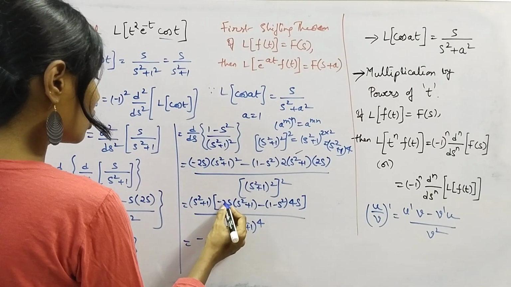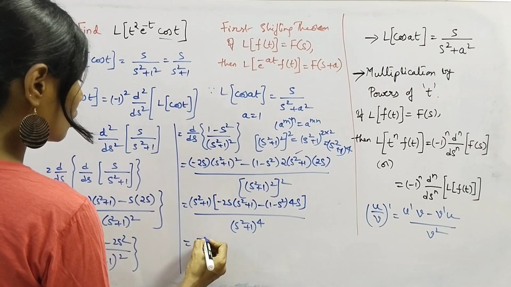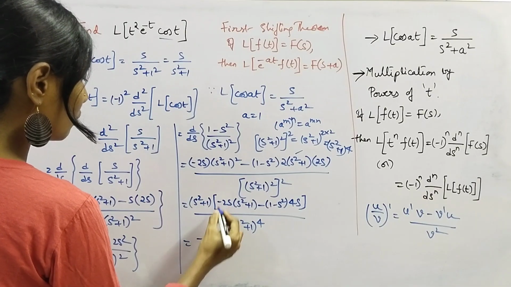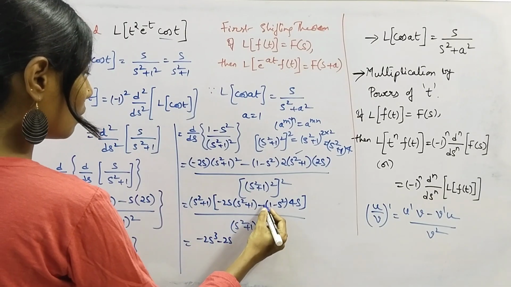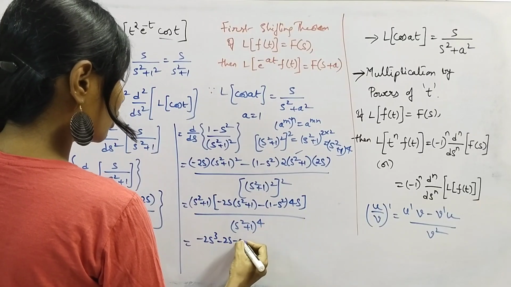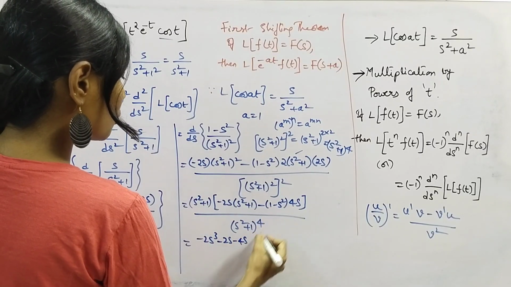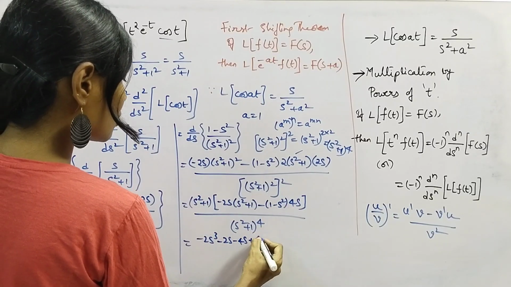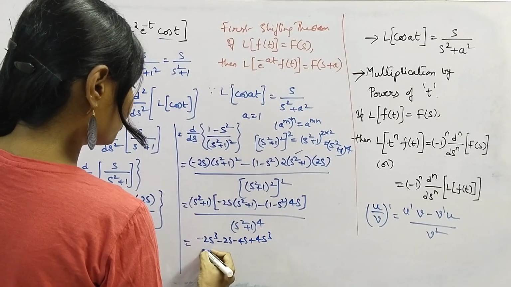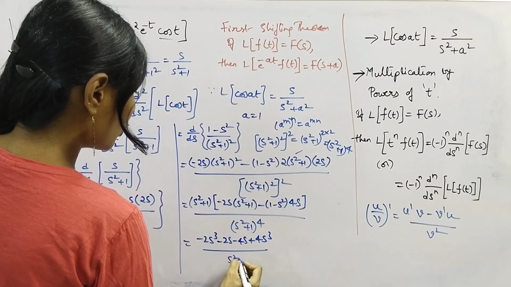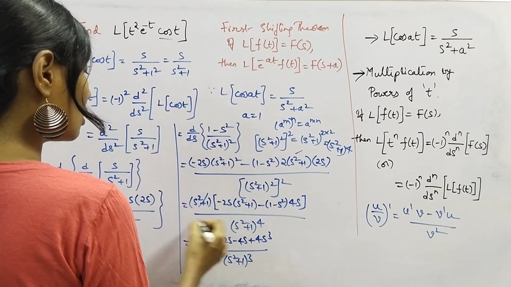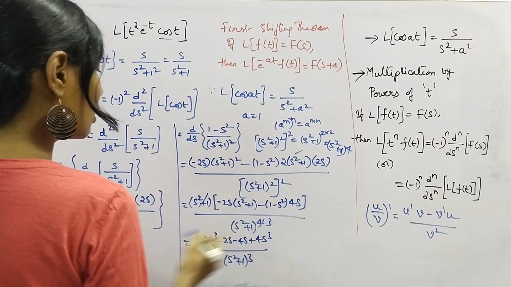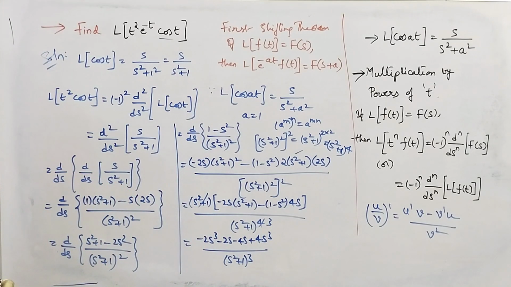You'll get minus 2s into s square is minus 2s cube, minus into plus, minus 2s into 1 is minus 2s, minus 1 into 4s is minus 4s, minus into minus plus, s square into 4s is 4s cube, over (s square plus 1) whole cube, because we have cancelled one (s square plus 1) from the numerator and the denominator, right?